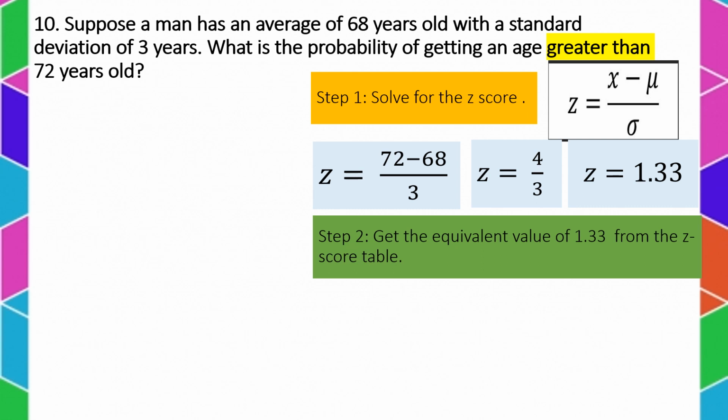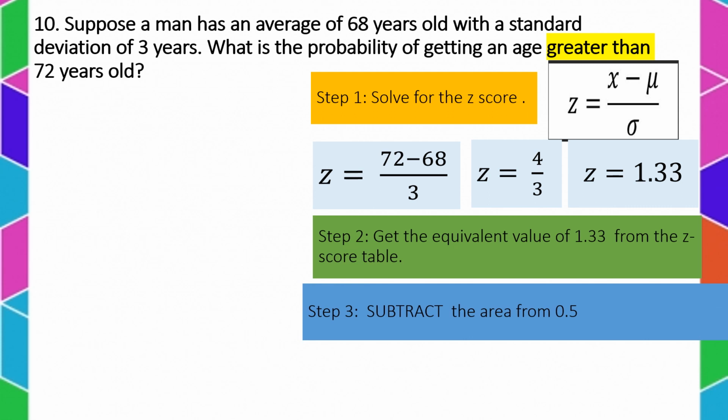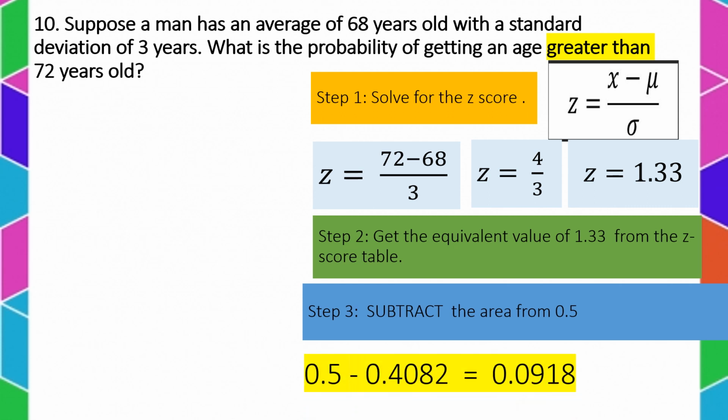Then step 2, get the equivalent value of 1.33 from the z-score table. So the equivalent value of 1.33, we are going to subtract this from 0.5. Since meron tayo dyan na clue na greater than. And our z-score is positive. So subtracting 0.5 minus 0.4082.